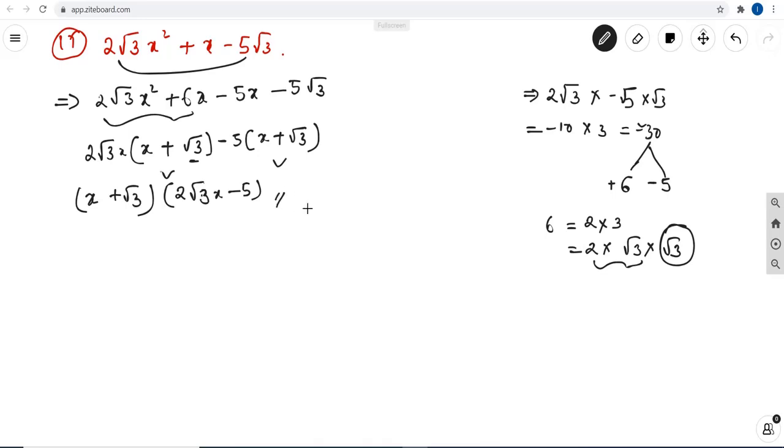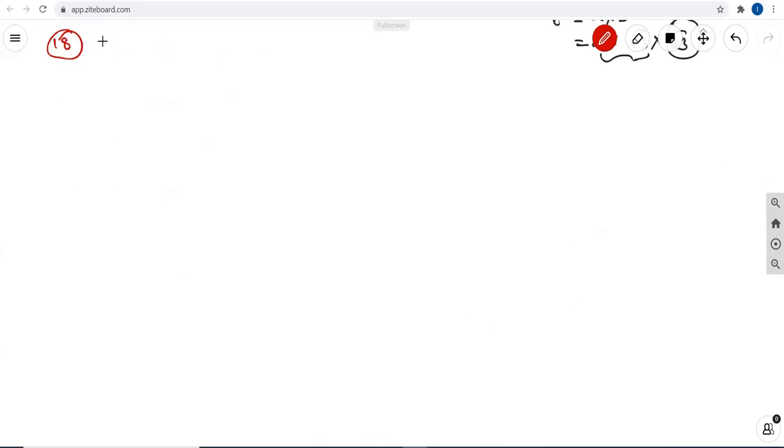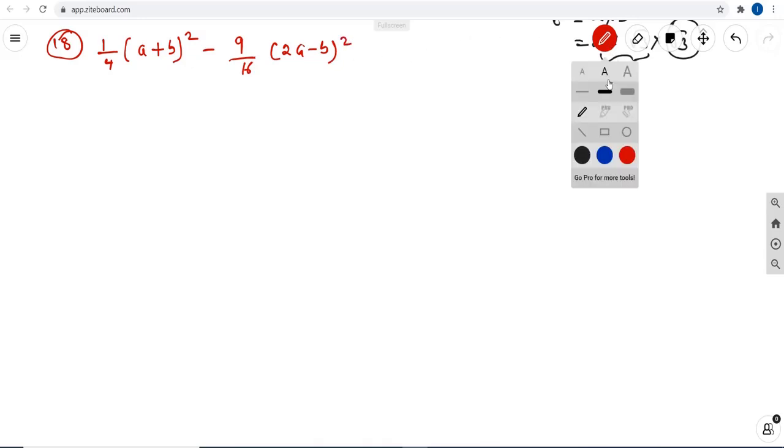So we'll go for the next problem, that is problem number 18. It is given as 1 by 4 into a plus b whole square minus 9 by 16 into 2a minus b whole square. This problem is looking like this, but it is a very easy problem.